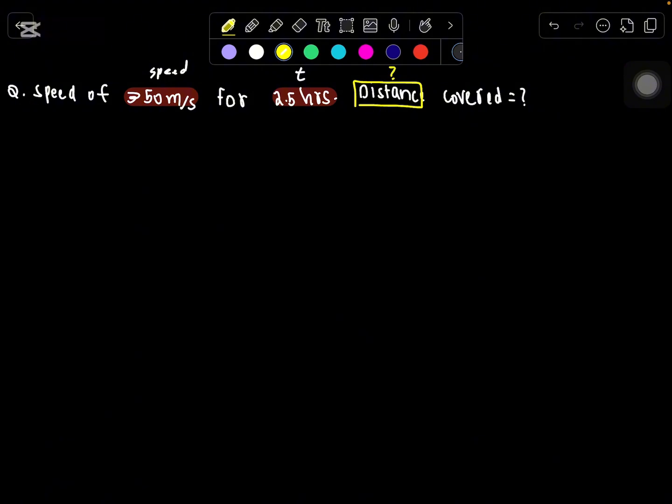Now we have the speed and time, and I want to know the distance. Can you think of a formula that connects these three things? We just learned it. The formula is speed equals distance divided by time. I have the speed and the time and I want to figure out the distance.